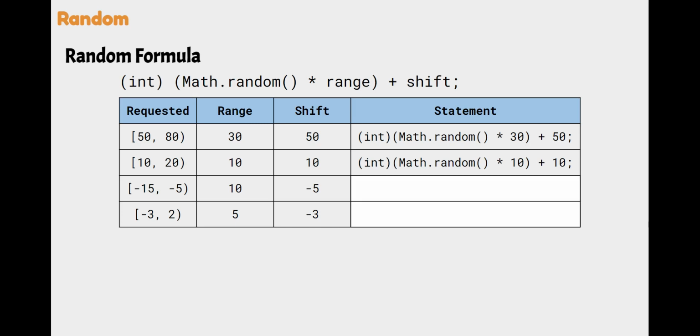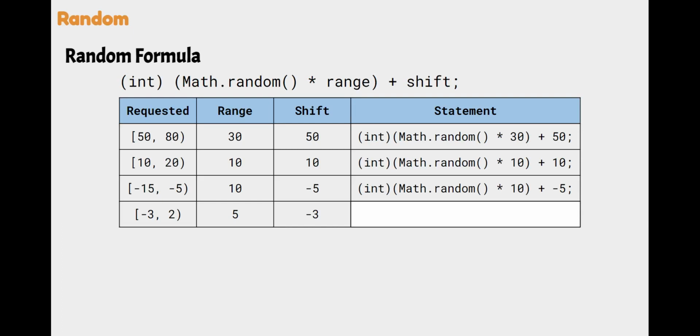If we want numbers in the range of -15 to -5, that is a range of 10 numbers. From -15 to -5, that is 10 numbers. They are shifted -5 from 0. We'll have an int cast of the quantity Math.random times 10 plus a -5, or you could just say -5. Our final example has a requested range of -3 to +2.